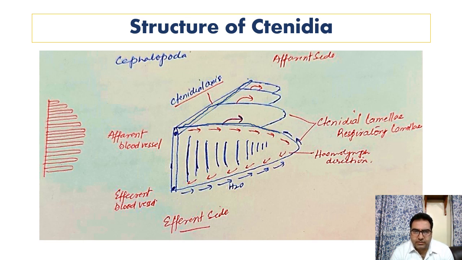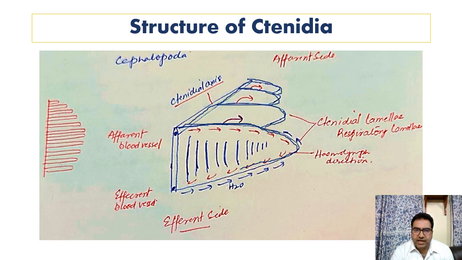What you are seeing here is the representation of the lamellae. This is one lamella, this is another lamella, this is another lamella, and this is another lamella. So in plural we call it the lamellae. They are delicate flexible respiratory lamellae, or we also call them the filaments. The surface epithelium of the gill is covered by the cilia.